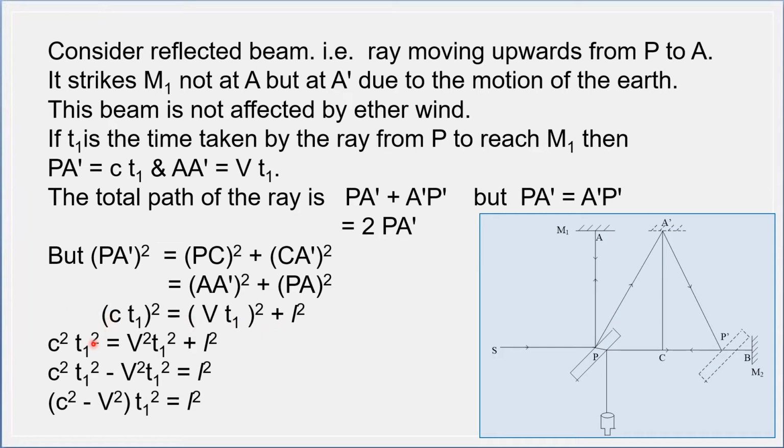So c square T1 square equals v square T1 square plus L square. Then you bring this to the left hand side. So c square T1 square minus v square T1 square equals L square. Then you can take T1 square outside. What do you get? c square minus v square into T1 square equals L square. Now in the next slide, we'll try to simplify this to find out what T1 is.